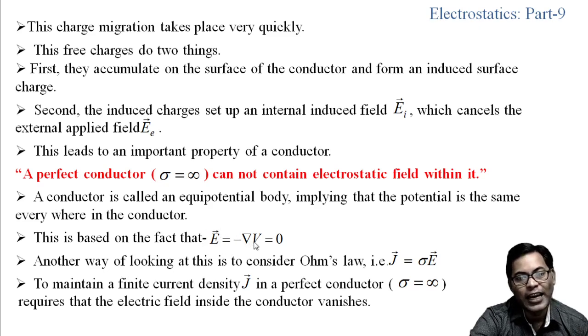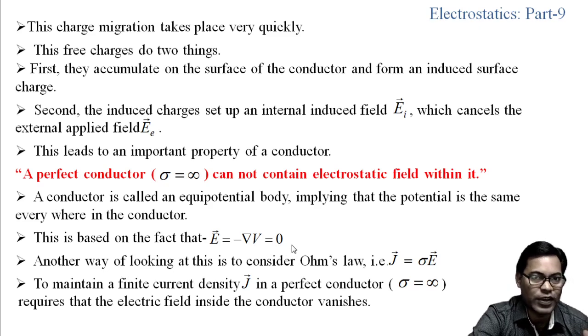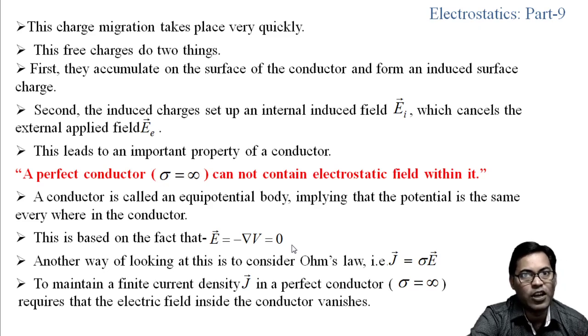So grad V equals 0, and ultimately V is constant. So the voltage difference V1 minus V2, or V2 minus V1, will also be 0.